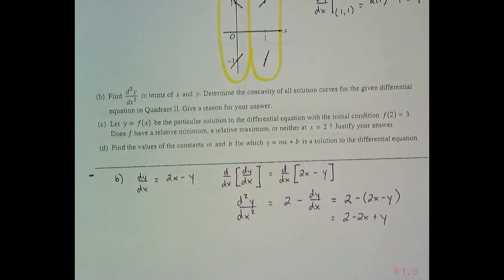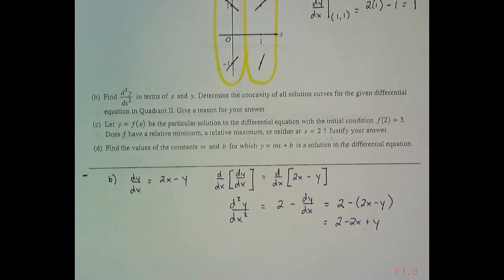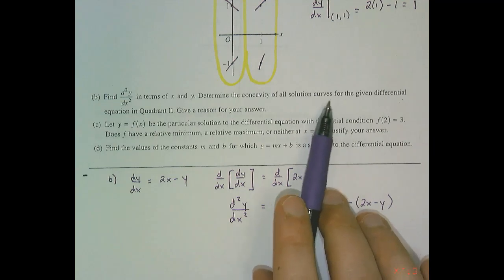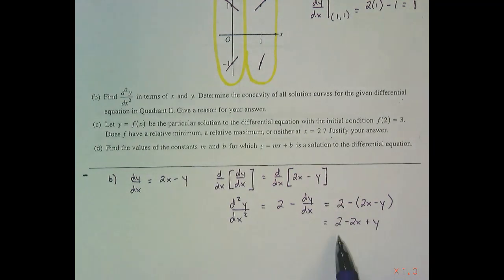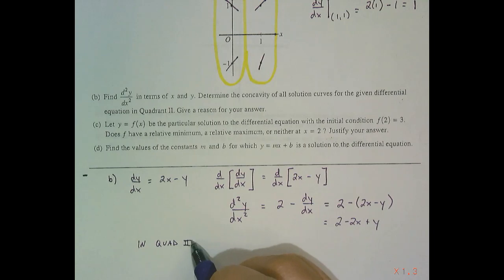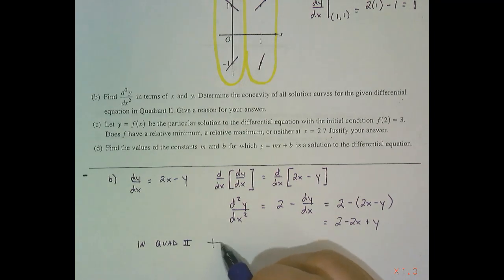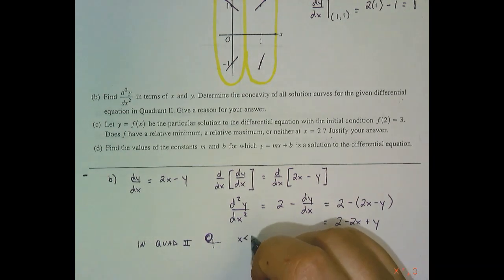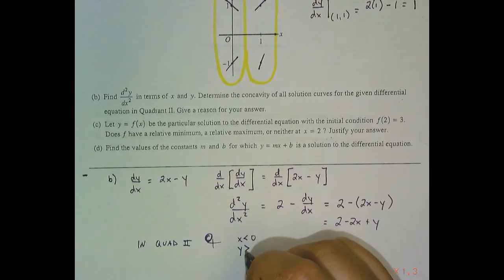Or if we distribute that negative through, we have this. Now they ask us to use that to determine the concavity of all solution curves for the given differential equation, specifically in quadrant 2. In quadrant 2, that's over here, x's are negative and y's are positive.